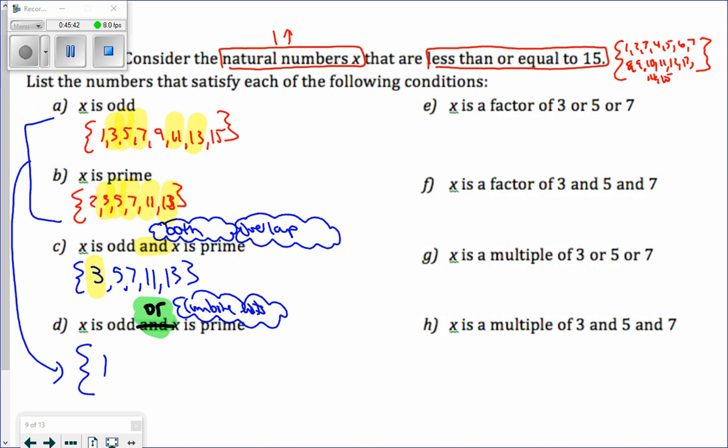So we've got the number 1, 3, 5, 7, 9, 11, 13, and 15. So or means combine everything, and and means it's the overlapping. It's what's in both lists.